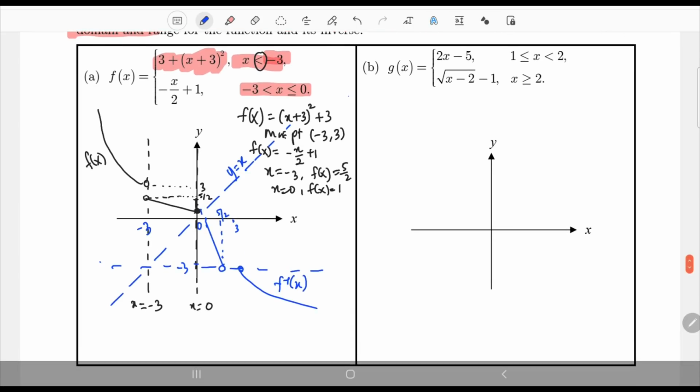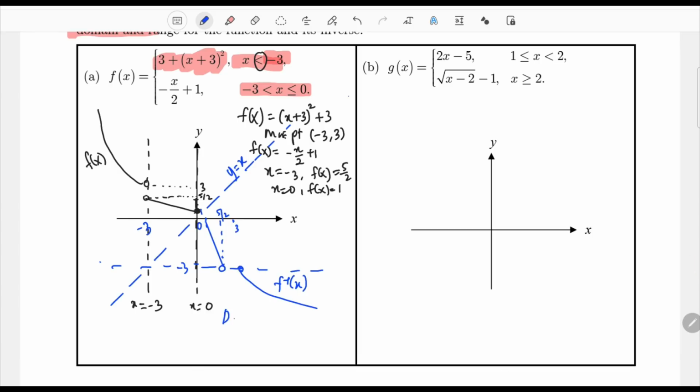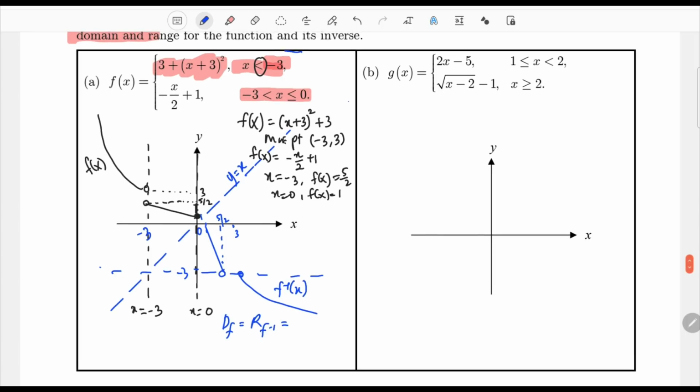Okay, next, find the domain and range. So domain of f equals to range of f inverse. So domain referring to this value. So that will be -∞ to -3, union with (-3, 0).